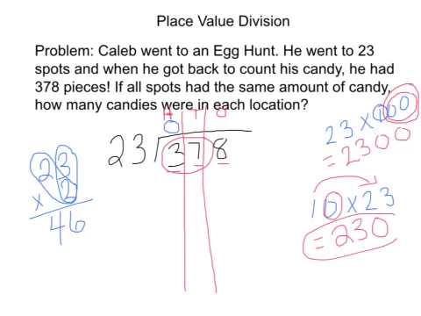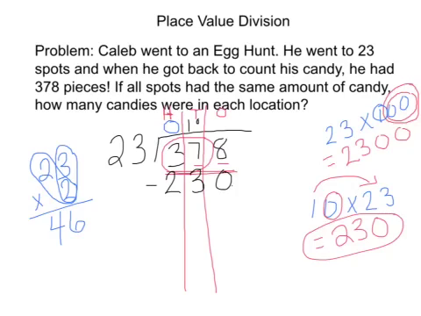I know that 230 is less than 378. So what I'm going to do is put one group of 10 up top, because I can put my 230 down below, making sure that I line up my ones, my tens, and my hundreds.